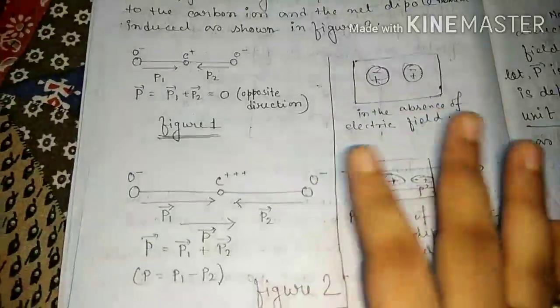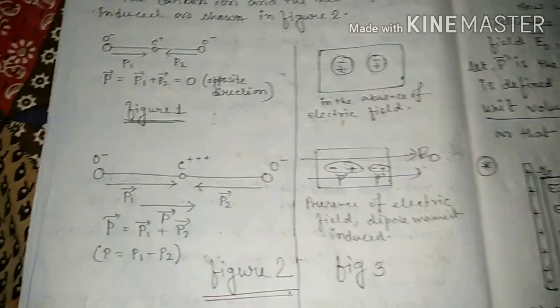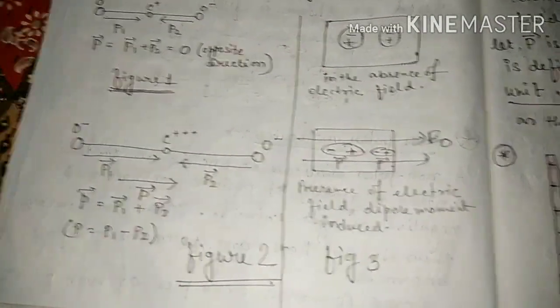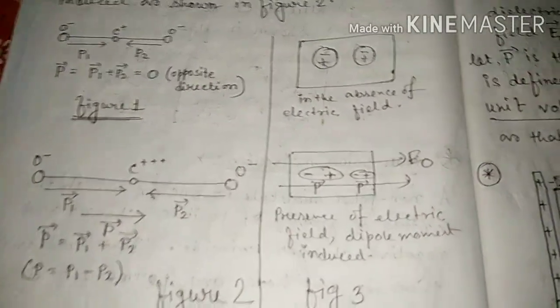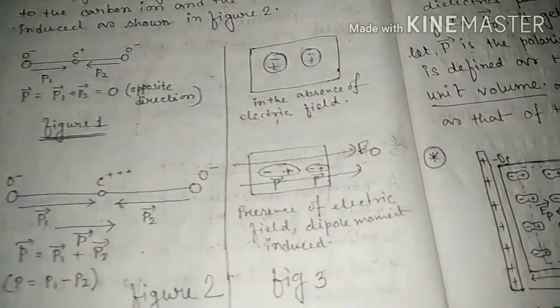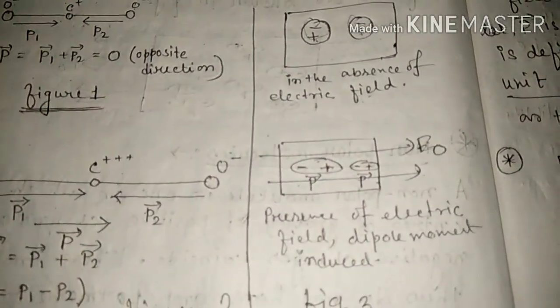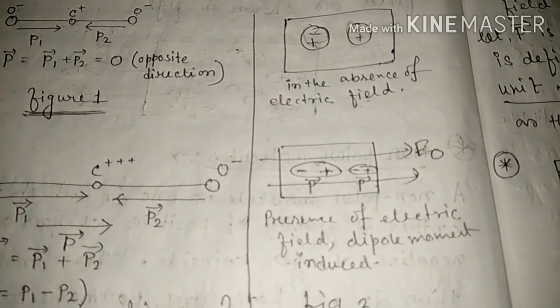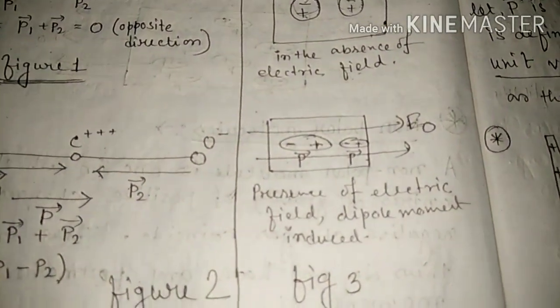Generally, when a non-polar molecule is placed in an electric field, the centers of positive and negative charges get displaced. This total procedure, for both polar and non-polar molecules, in which they are aligned in the direction of the external electric field, is called polarization.